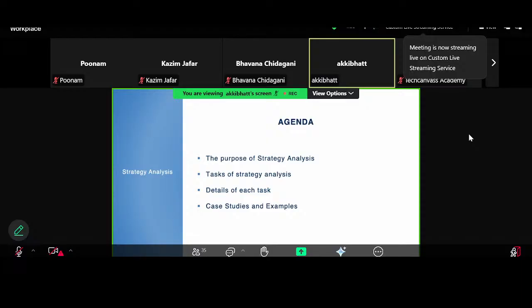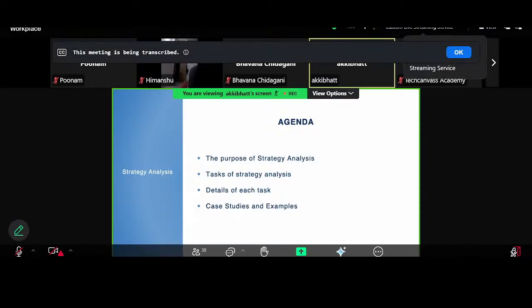One of those knowledge areas is strategy analysis, which is one of the most strategic and highest impact areas within the BABOK. I'm not saying that all other knowledge areas are not important. They are. Each knowledge area has important weightage, but strategy, I would say, comes on top of all, because if you do not have a great strategy, the other things might fall apart at some point in time.